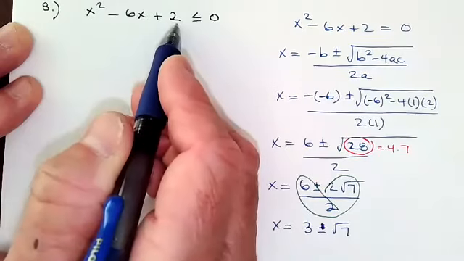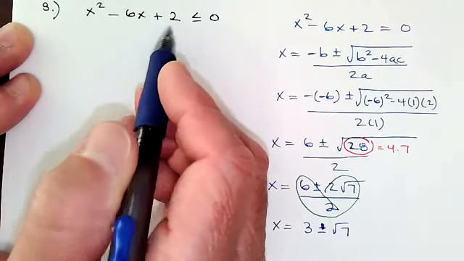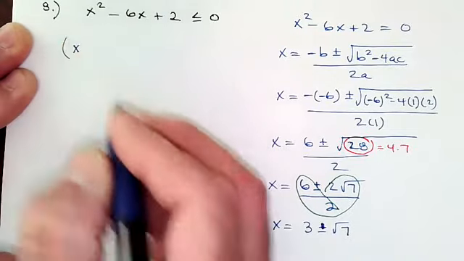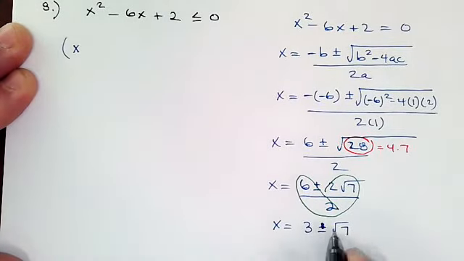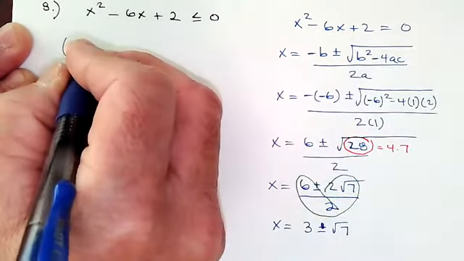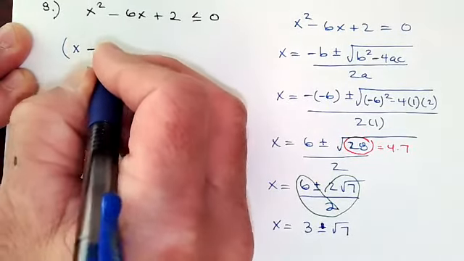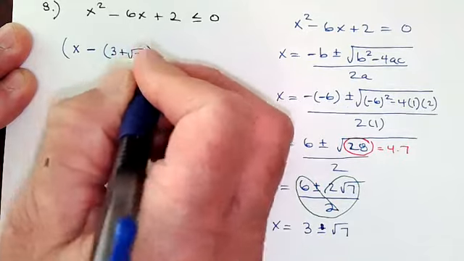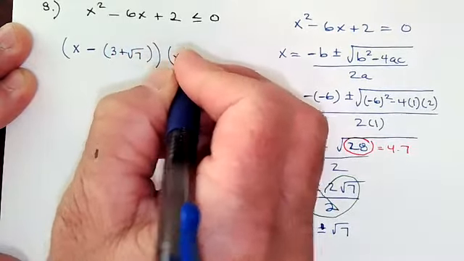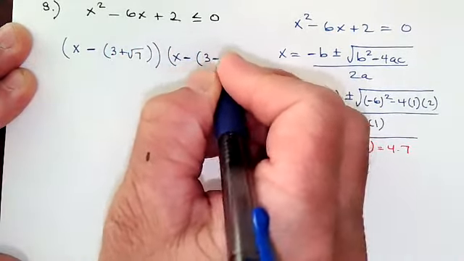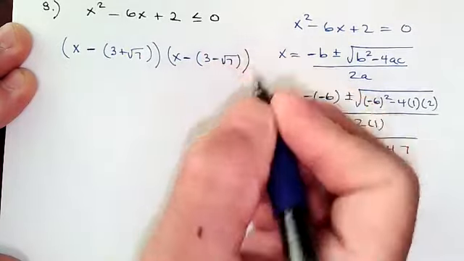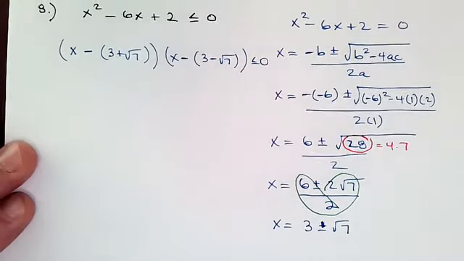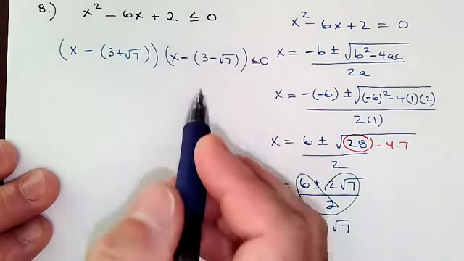I know we think this doesn't factor, but in fact, it actually does factor. It's just a little bit strange looking, right? Now that we know these are the solutions to the equation, we could argue that this thing factors into x minus 3 plus root 7 times x minus 3 minus root 7, right? Because those are the roots.